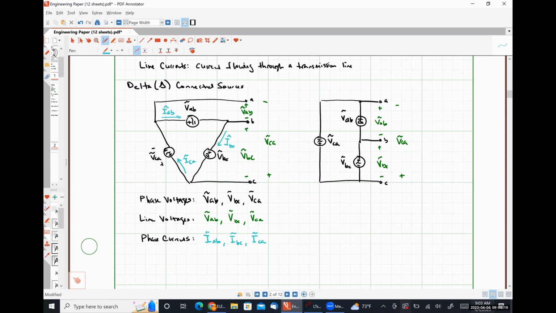It's mainly just kind of what generator you buy. All right, so there are only two different types of connections, right? So we only have a Y connection and we only have a delta connection. So we are done talking about our sources. So now let's move on to Y and delta connected loads.